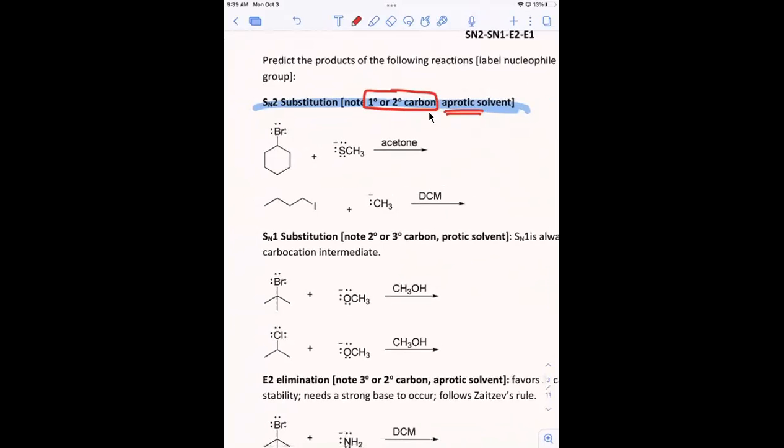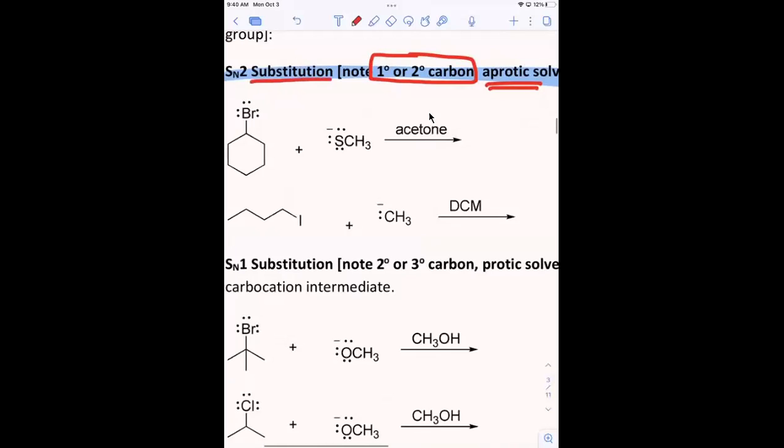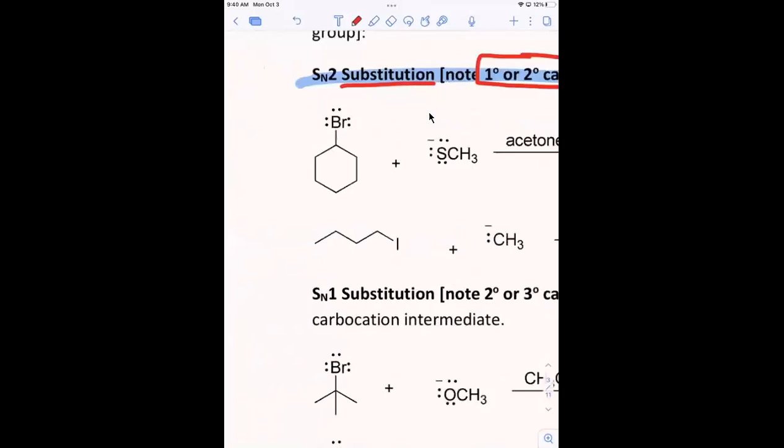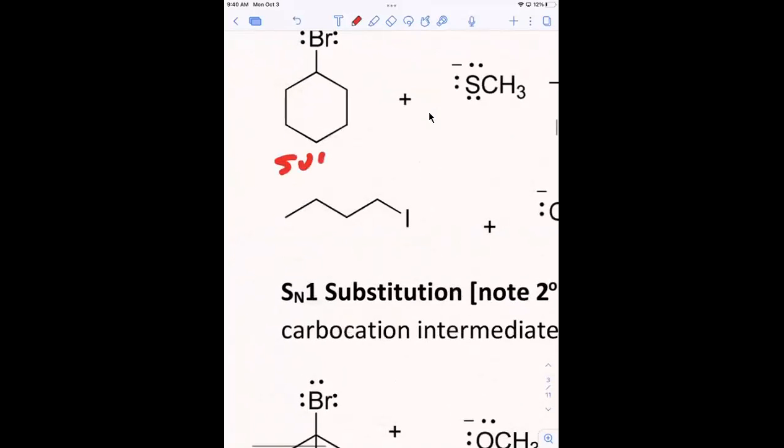Without going through the mechanism, I'll just put another page in so we can talk about the approach of the nucleophile. I think I showed you that before, but I'll show you again, and why the aprotic solvent is necessary. If it's a substitution, what I want to do is identify my substrate, which is this part right here.